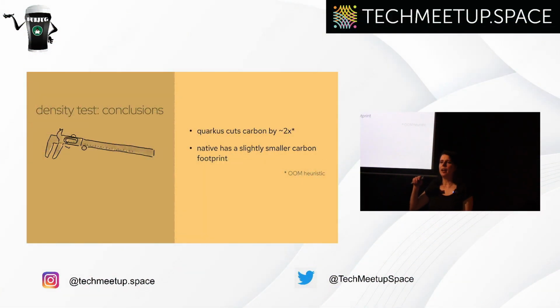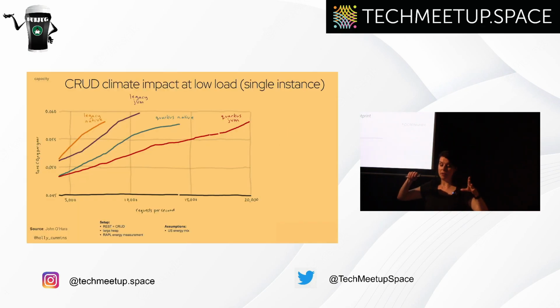This year, in the performance lab, we did a set of experiments specifically looking at carbon. In this experiment, we fired in as many requests per second as it could eat. The line on each of these drops off when it goes, oh, please don't send me any more load, I am done, I can only do this much load.